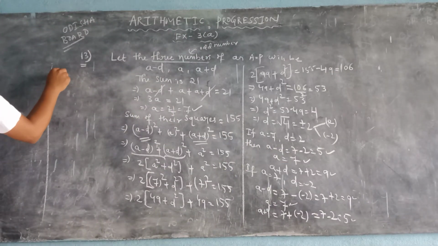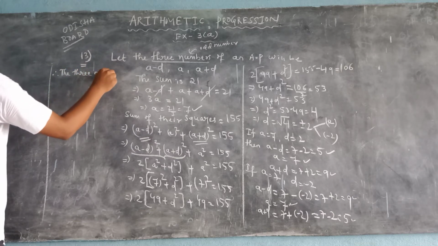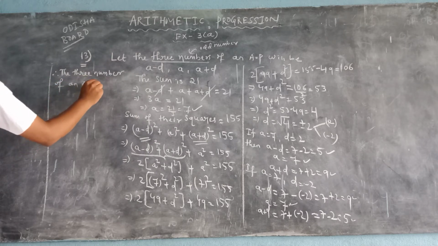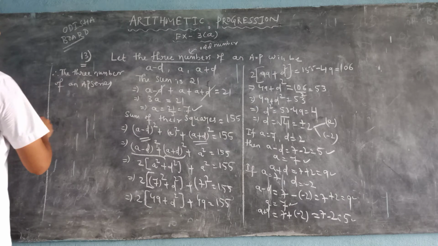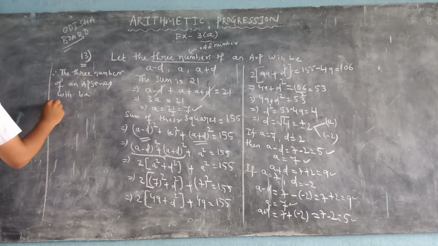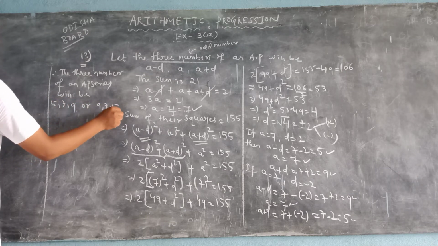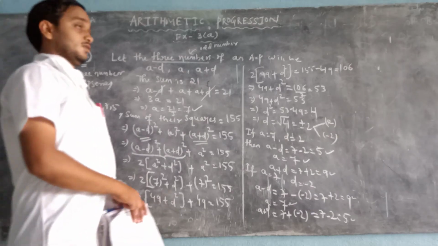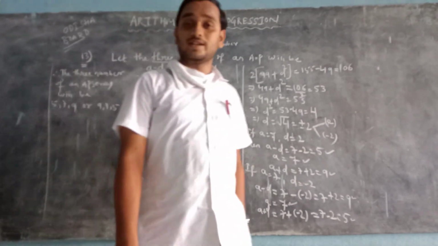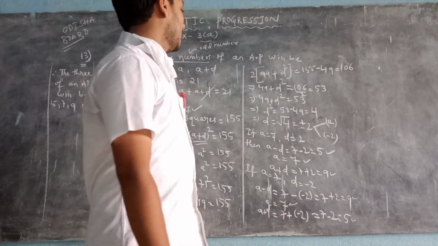Therefore, the three numbers of an AP series will be what? 5, 7, 9 or 9, 7, 5. Okay? So such types of questions come maximum in board exams. So many chances to be given.